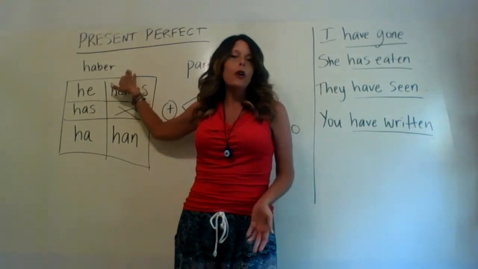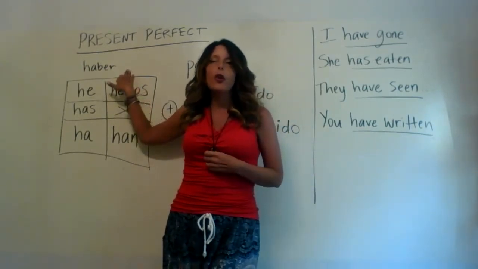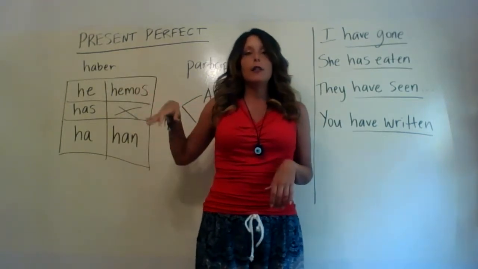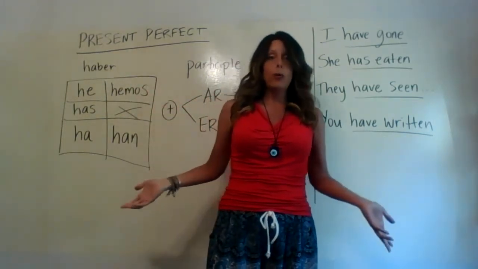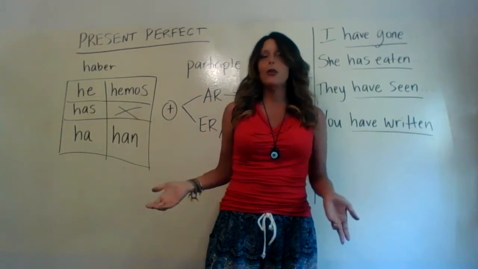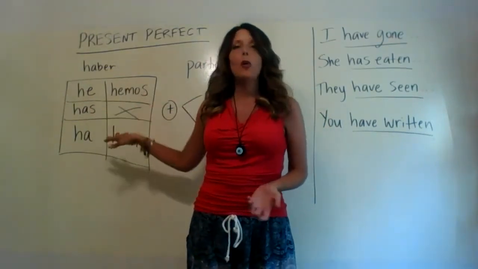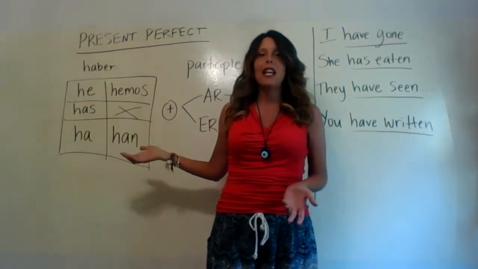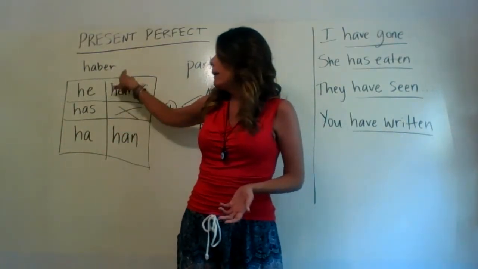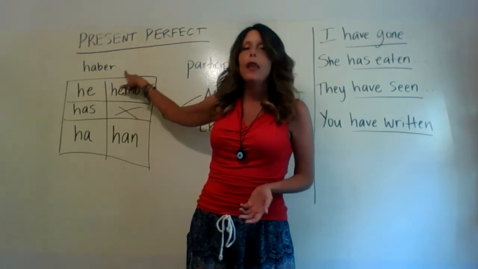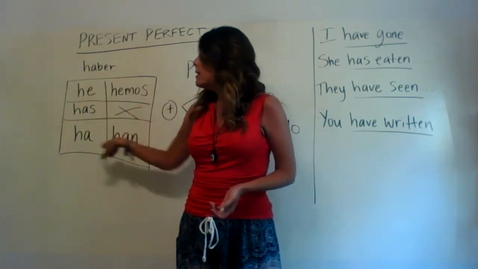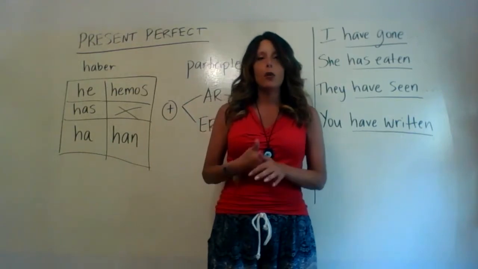It's not usually a verb that many students are extremely familiar with, because it's generally used as a helping verb, aka an auxiliary verb. So we're going to have the appropriate form that matches whatever subject we need of our auxiliary verb haber. And this is the conjugation set that you will need.